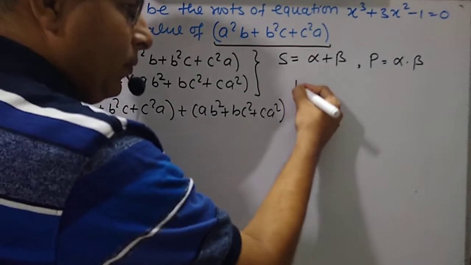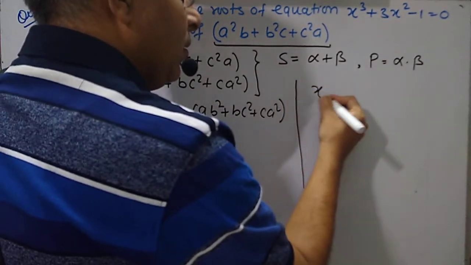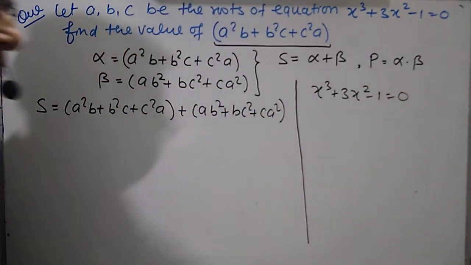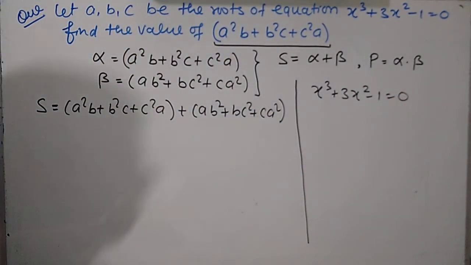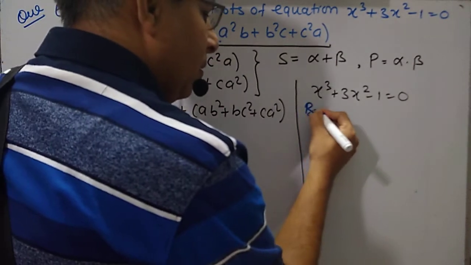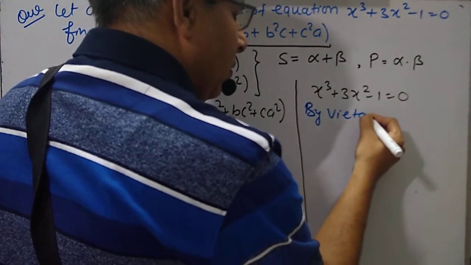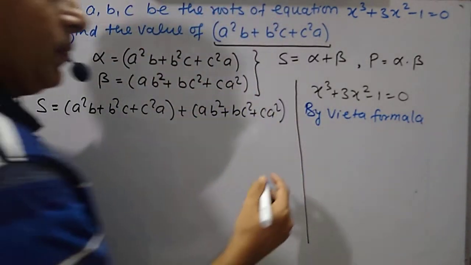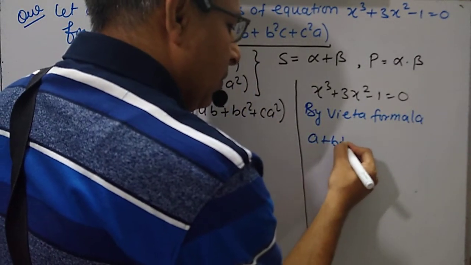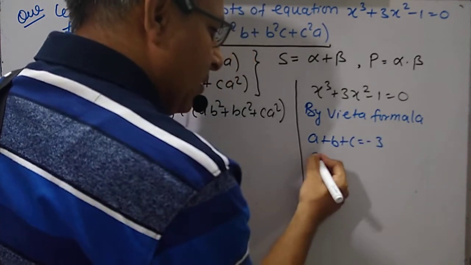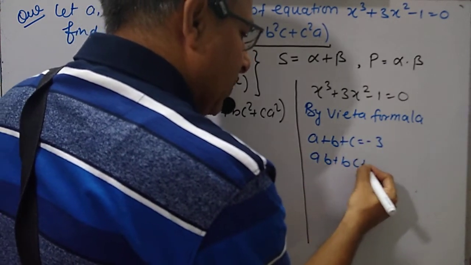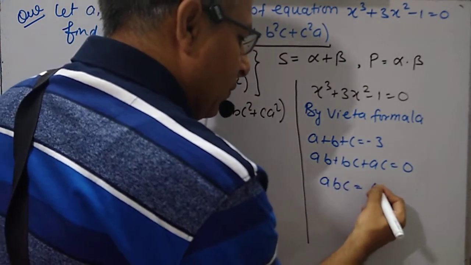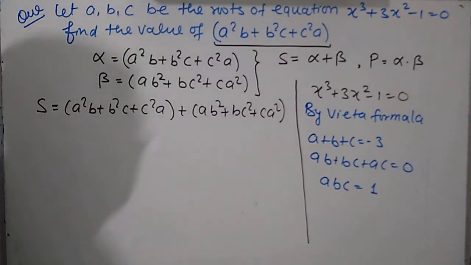And it is given that x cube plus 3x square minus 1 equal to 0. So with the help of Vieta's formula, we can establish a plus b plus c is minus 3, ab plus bc plus ac is 0, and product of roots is 1.